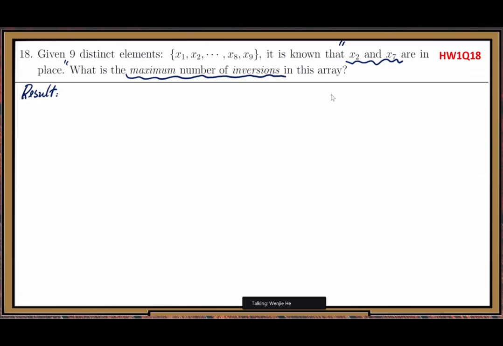That's pretty easy, right? Because in that condition we know when the given array is in descending order, this situation corresponds to the maximum number of inversions.